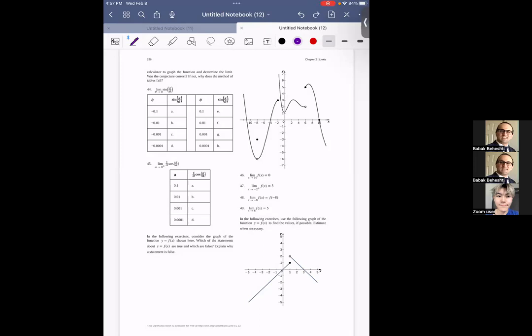Okay, so if you go to the website of the course, then open chapter 2.2, limits and continuity, and go to page 156.